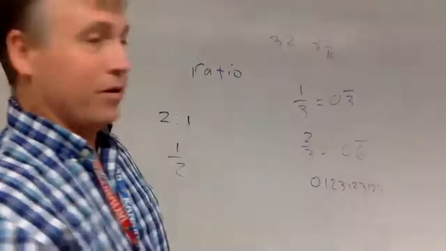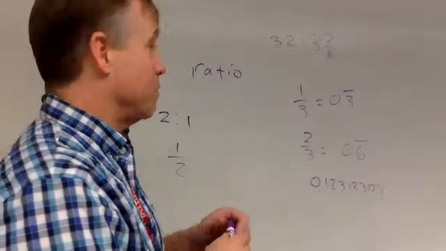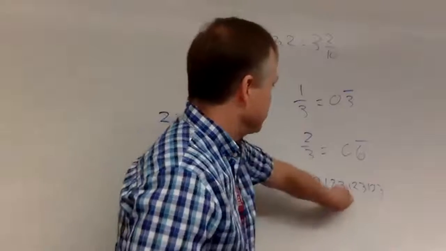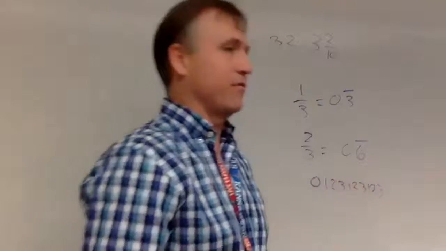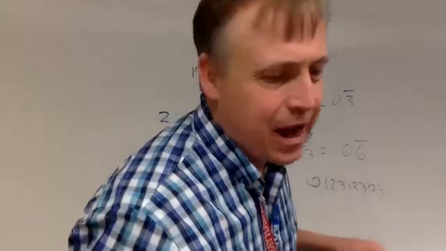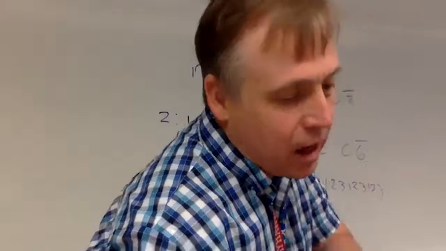That one's a little bit harder to figure out, but you can write that as a fraction too. If the same chunk repeats over and over again, you can write it as a fraction. I don't want to get into the nines thing yet. That's just a fun thing. You don't really need to know that.